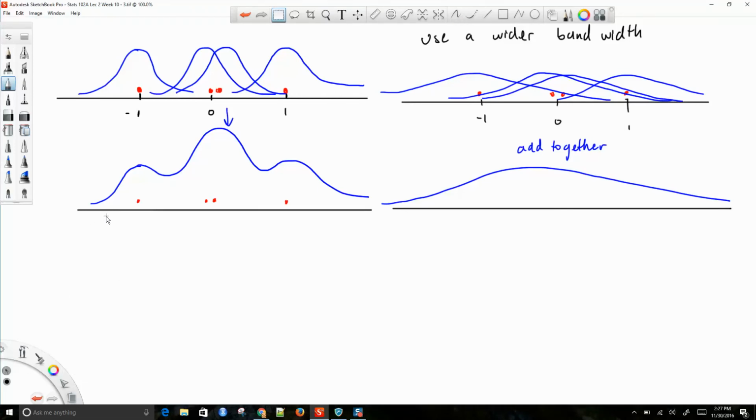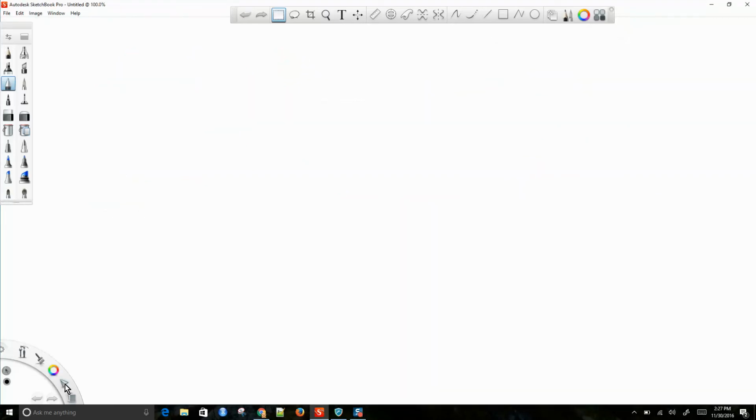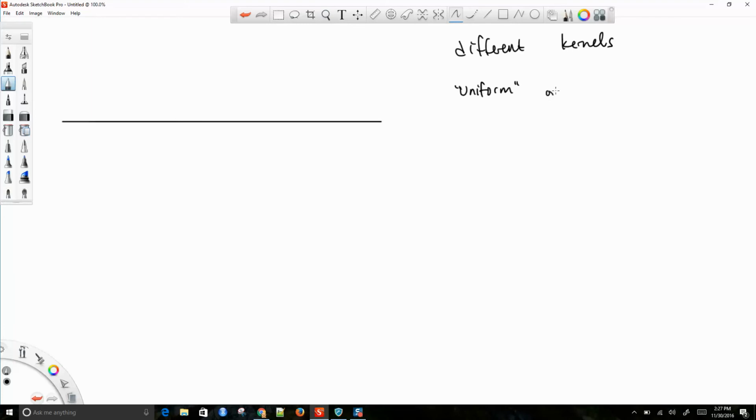So let me create a new chart here. So we'll have different kernels. Here we can have what we call a uniform or rectangular kernel. So let's just say that I have 2 dots right here.